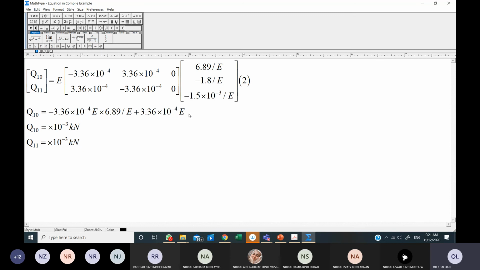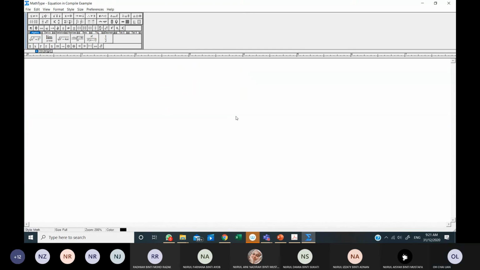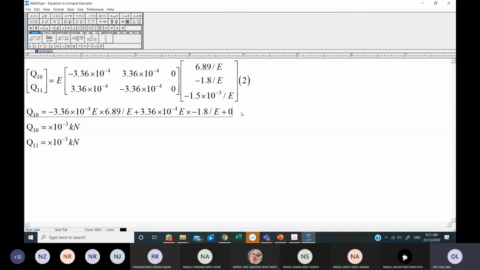Third column, multiply third row for equation number 1. Multiplied, then plus 0. You get the value. How much? Okay, I will be waiting for you.